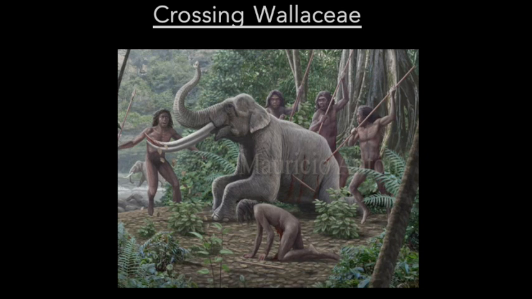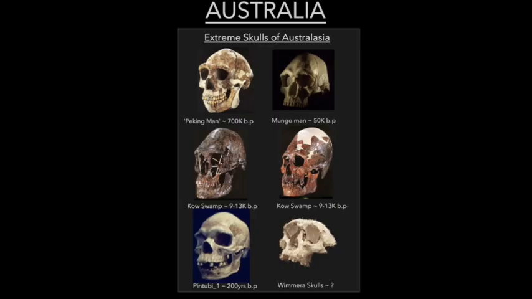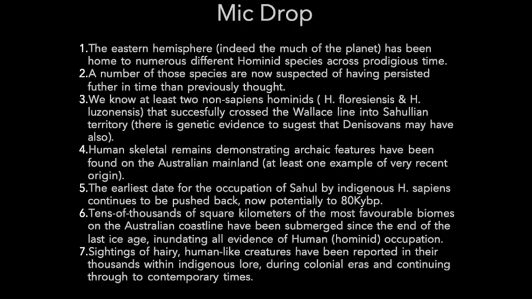4, human skeletal remains demonstrating archaic features have been found on the Australian mainland, at least one example of very recent origin. 5, the earliest date for the occupation of Sahul by indigenous Homo sapiens continues to be pushed back, now potentially to 80,000 years, or 120,000 years as we saw.